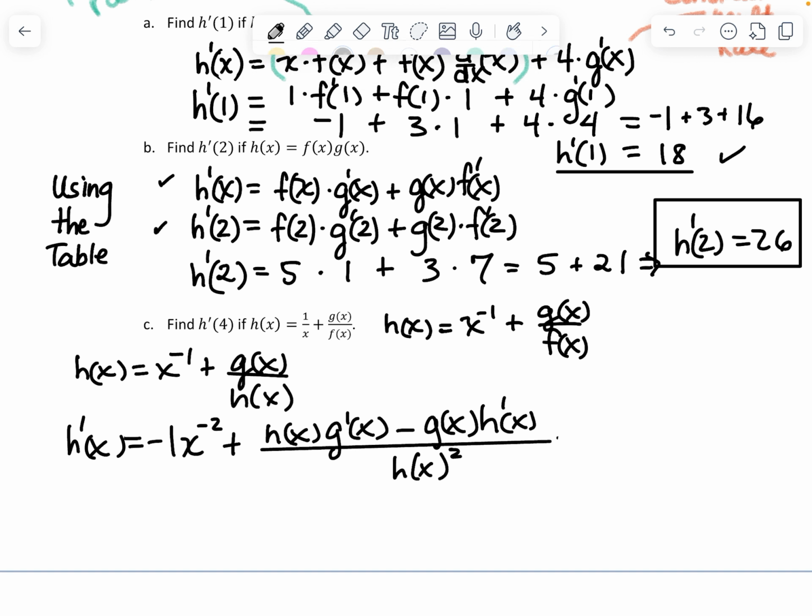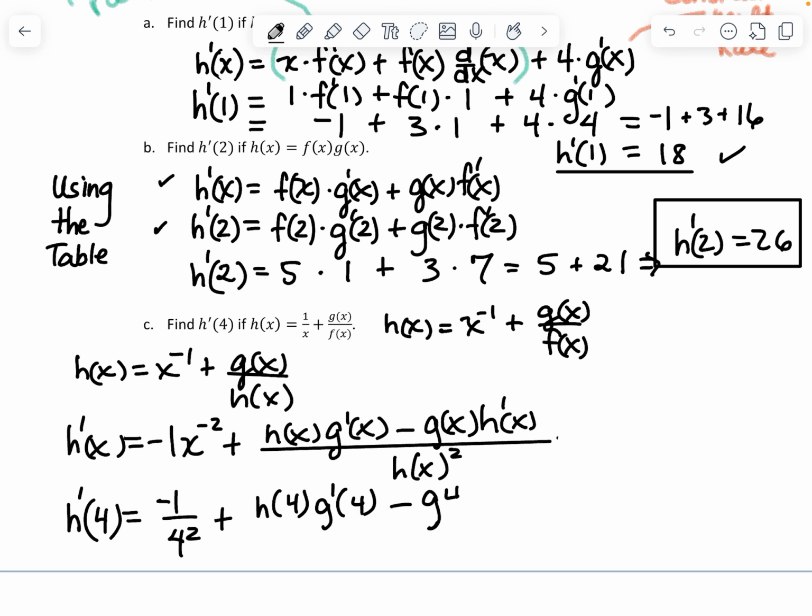Because what do we need? h prime of 4. h prime of 4 is then equal to negative 1 over 4 squared plus f of 4, g prime of 4 minus g of 4 times f prime of 4, and that's all over f of 4 squared.